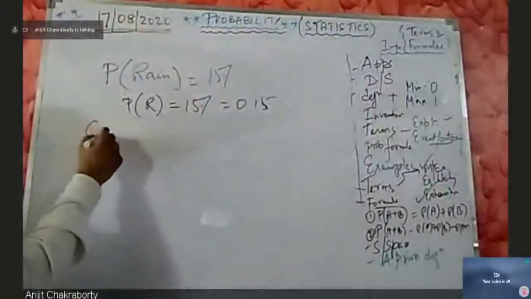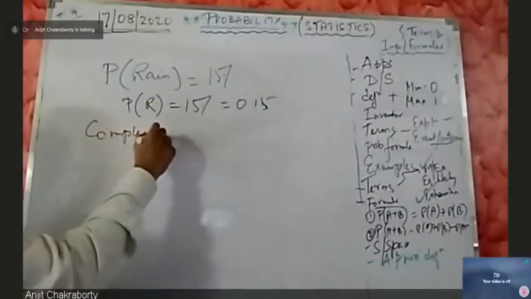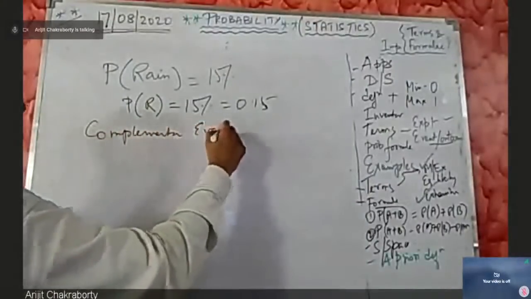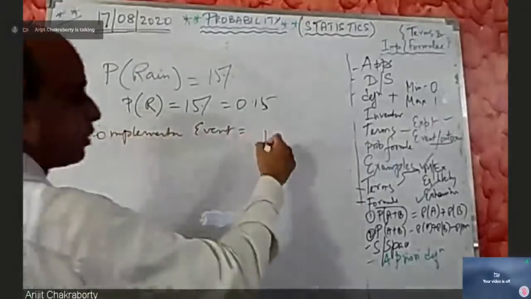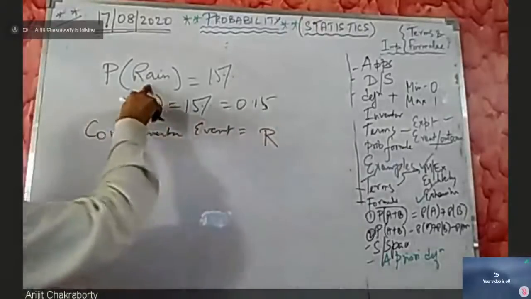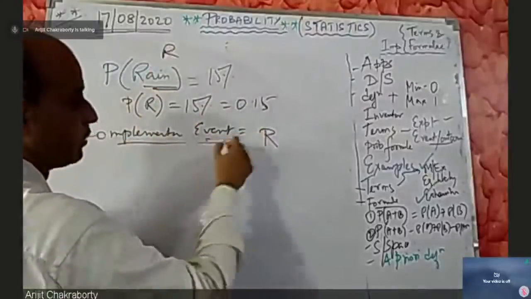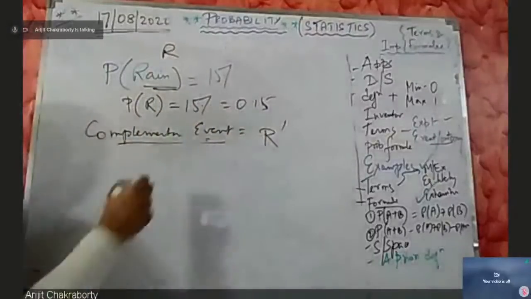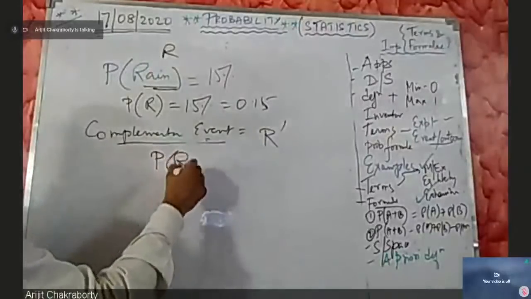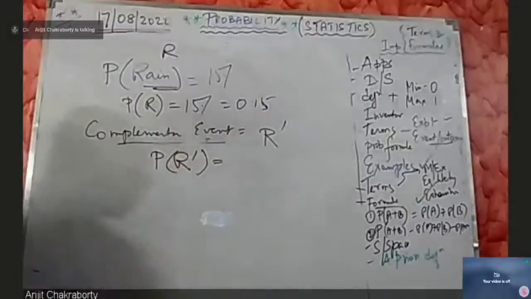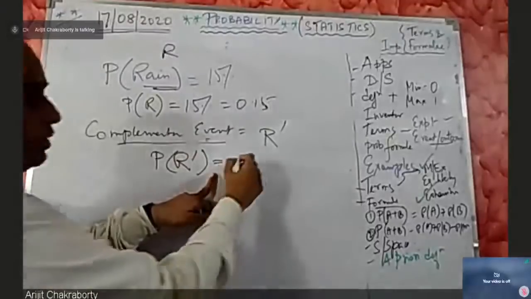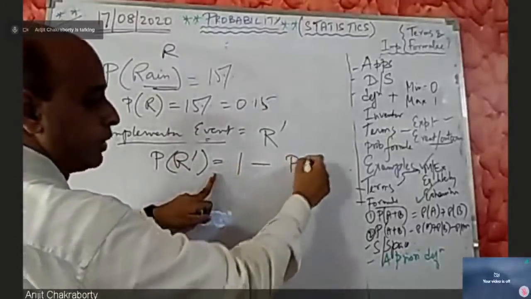Here, R is the event for rain. So the complementary event will be shown as R dash. And the probability of the complementary event, P(R dash), will be 1 minus the probability of the event.